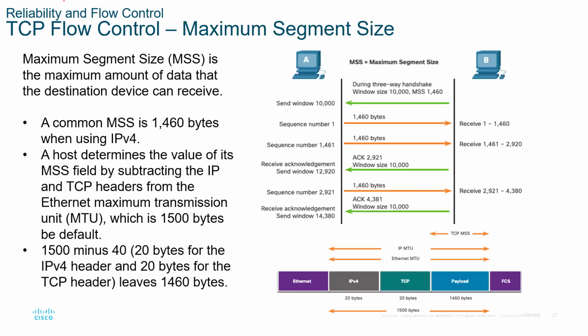Maximum segment size is the maximum amount of data that the destination can receive. A common MSS is 1460 bytes when using IPv4. A host determines the value of its MSS by subtracting the TCP headers from the Ethernet maximum transmission unit. 1500 minus 40.